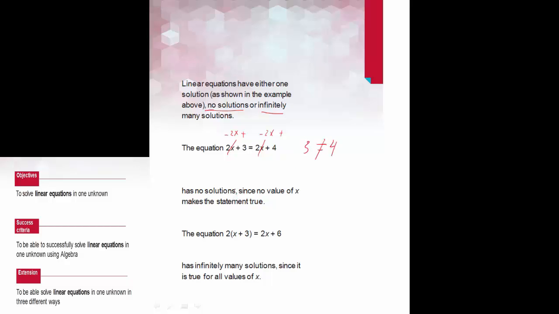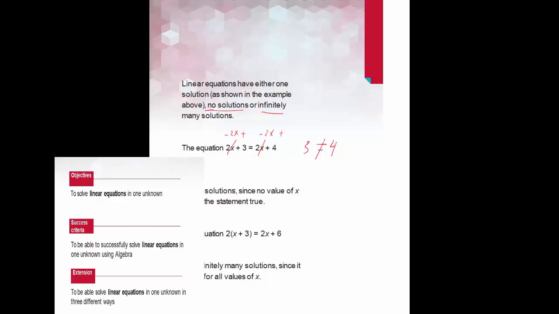So there's no solution, and the x in the first place has already disappeared. We can't find any value of x that will make the statement true, because already x has been eliminated. All right. On the other hand, let's examine this equation here.